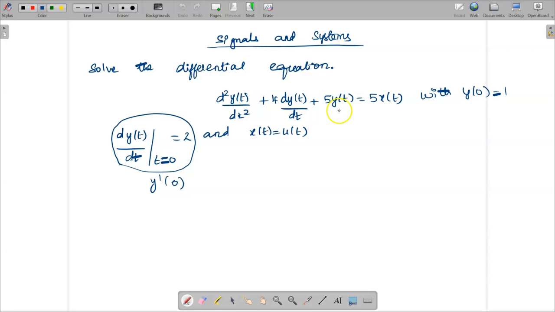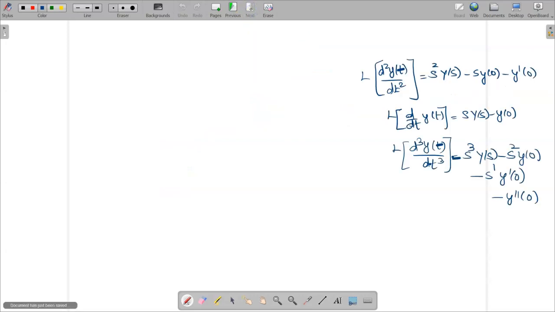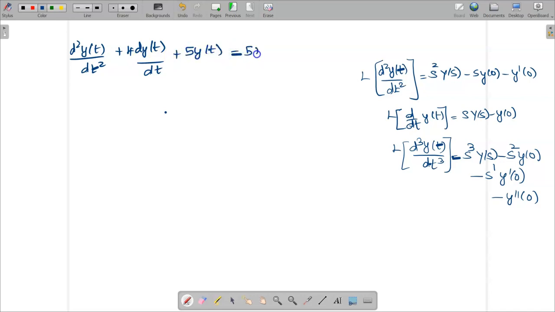So 5y of t means it is just 5y of s, and for 5x of t it is just 5x of s. So the given equation is d square y of t by dt square plus 4 dy of t by dt plus 5y of t, which is equal to 5x of t.